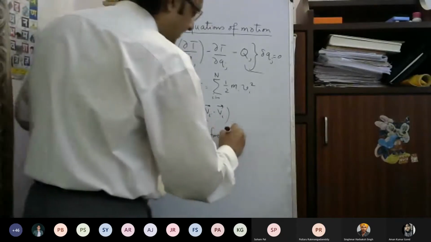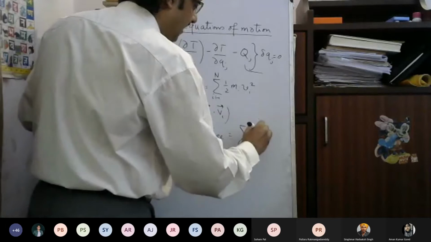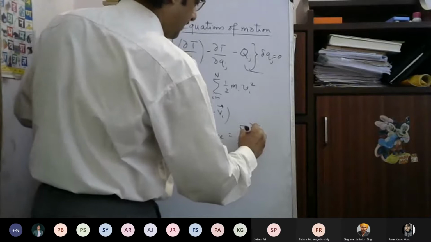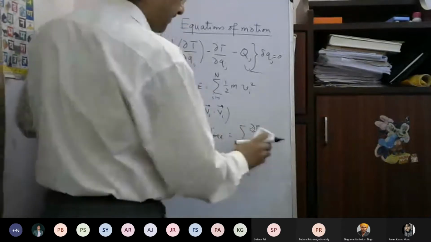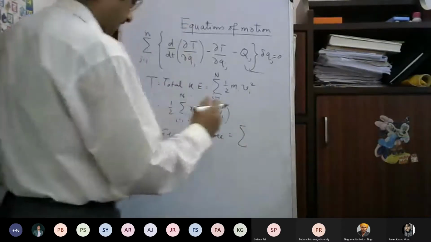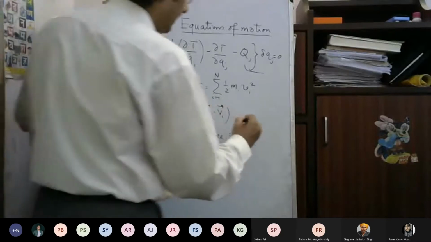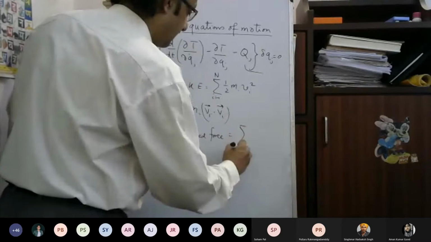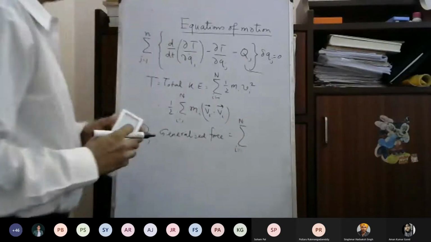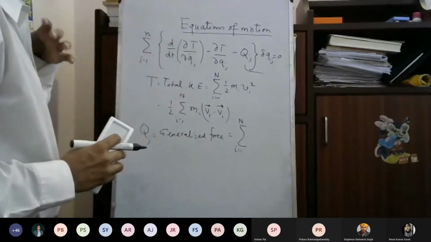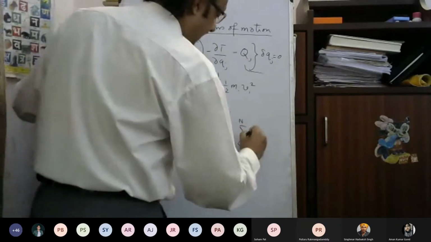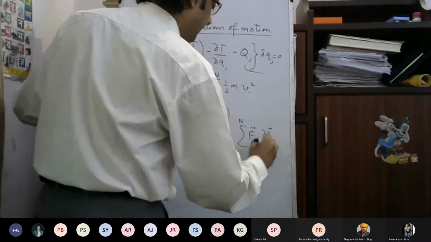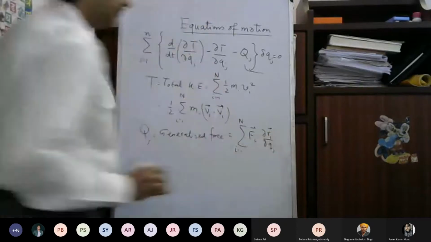And this was equal to the sum over i equal to 1 to n of F_i dot del r_i del q_j.